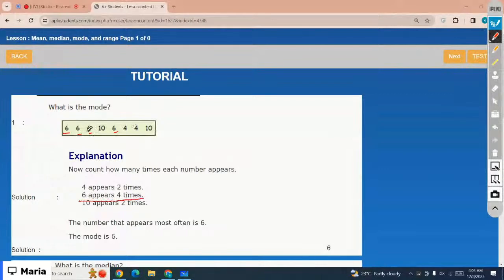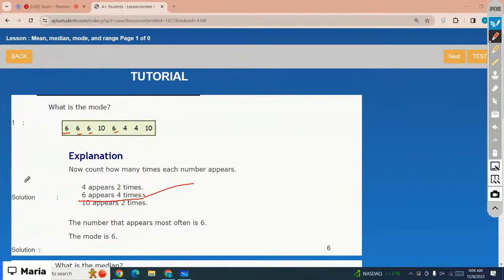Then you have 10. 10 appears just 2 times in the data, and 4 also appears 2 times. So 6 is the number that appears the most of the time. So the mode value here is 6. Got it? The mode value is 6.